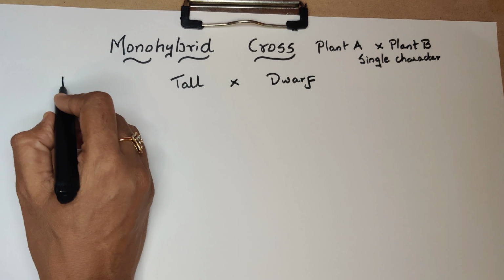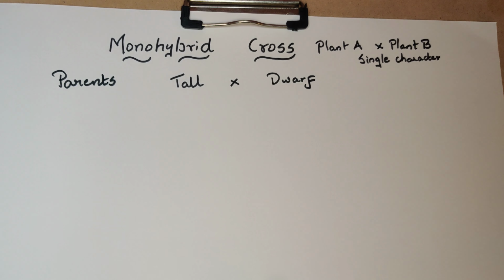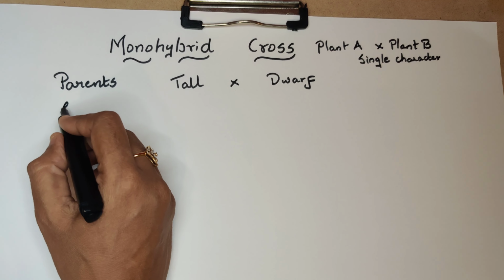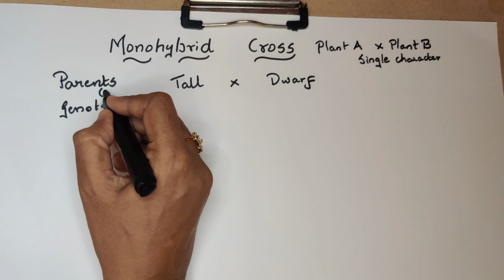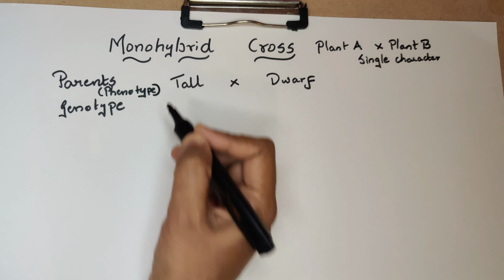Now what you have to do here, on the left hand side you should write that these are the parents. There are two parents, plant A and plant B. One plant is tall, another one is dwarf. Now we are crossing them. What is the genotype of these two? For the parents I have given the phenotype: one is tall, another one is dwarf.